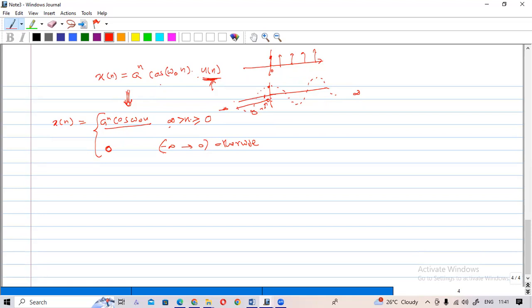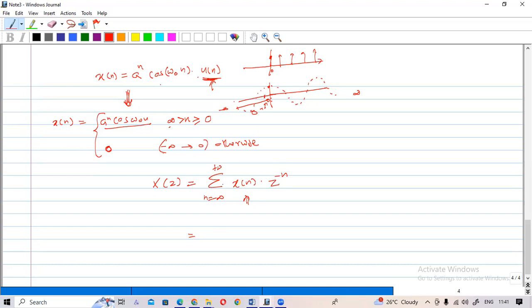Now, if you use the principal approach, that means X(z) is equal to the sum over n from minus infinity to plus infinity of x[n] z^-n, we will try to apply this.